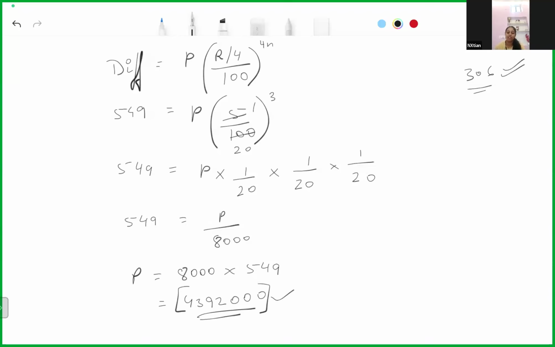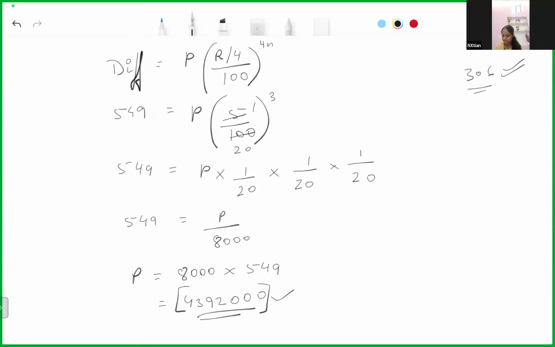And how come the difference is so less and P is so huge? No idea how the difference is so less. I thought difference will be at least 10,000 for this big of a P. It's 43,92,000. That's right, so 4.39 million.